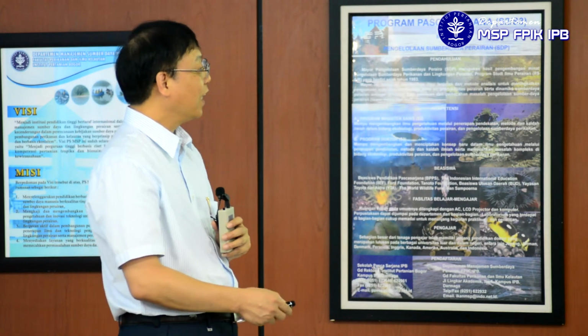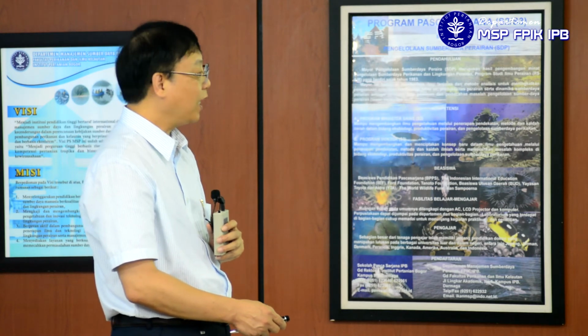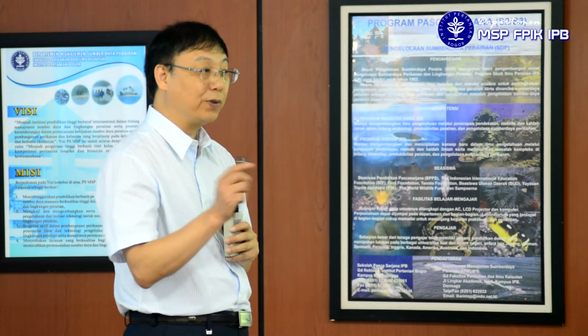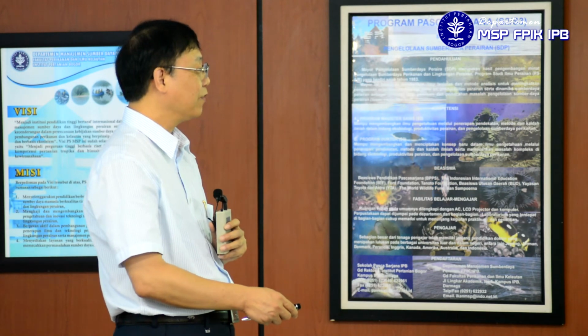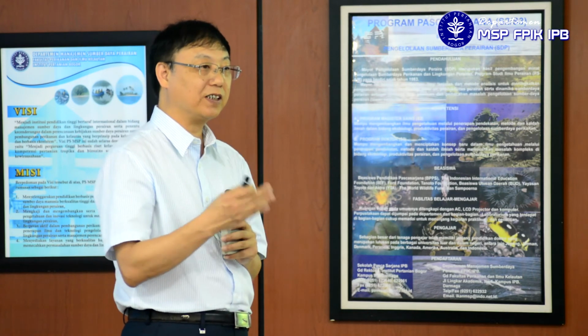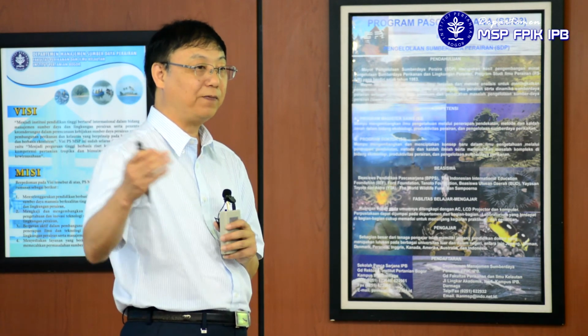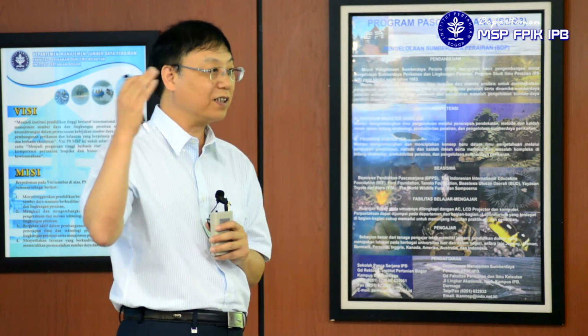Okay? And Xiamen Kulangsu Island is here. Kulangsu Island is well known all over the world, not just in China. That is a very beautiful island with very special architecture from different countries 100 years ago.